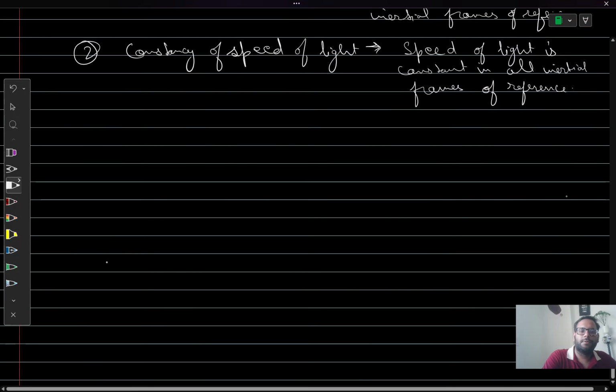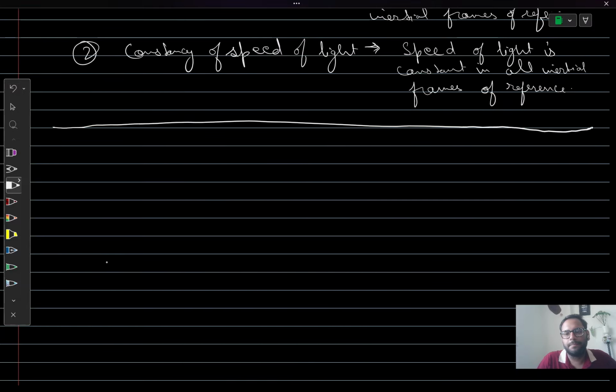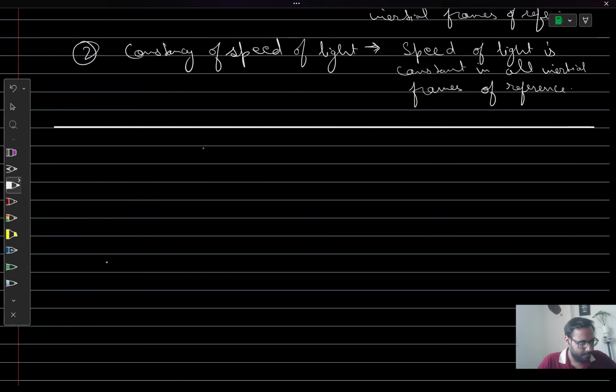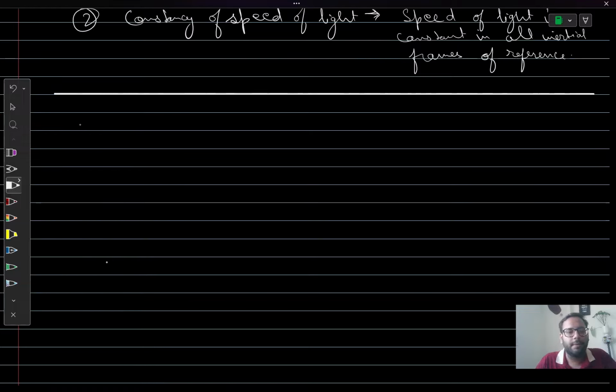So these are the two postulates. You must remember them, and they are important, and anyone can ask you about them because these are the fundamental postulates. So let's go further.